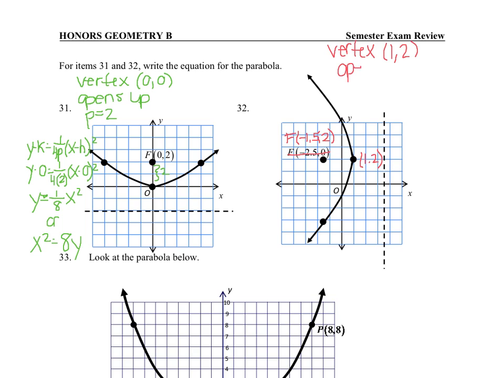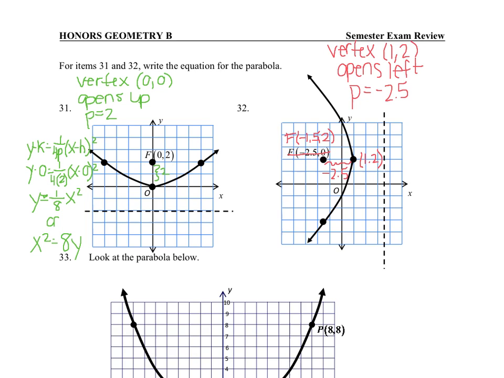We can see that it opens left. So this means p is going to be negative. And we can see that the distance from our vertex to our focus is a distance of negative 2.5. So p is going to be negative 2.5.